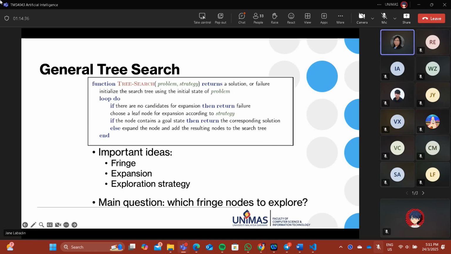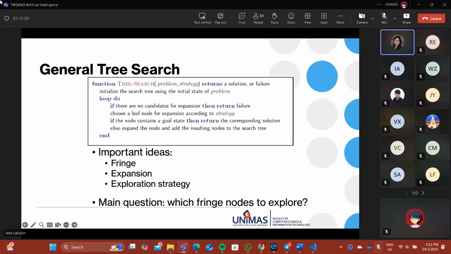If there are no candidates for expansion, because as I mentioned just now, you expand your fringe, then return failure. If there is, then choose a leaf node for expansion according to strategy. What strategy we are using, we'll talk about that later.